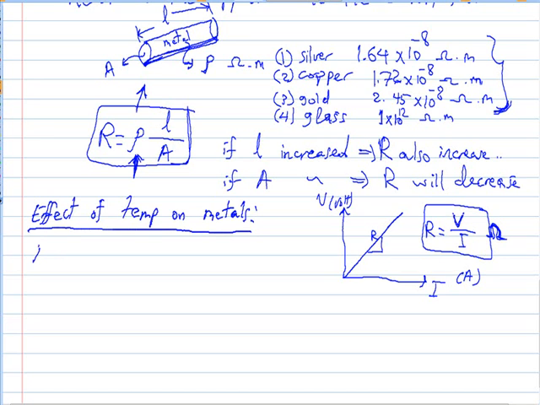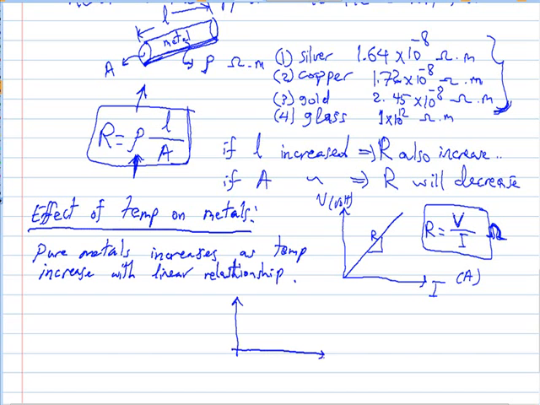So for pure metals, the resistance increases as temperature increases, with a linear relationship.